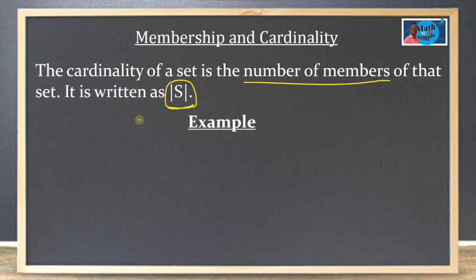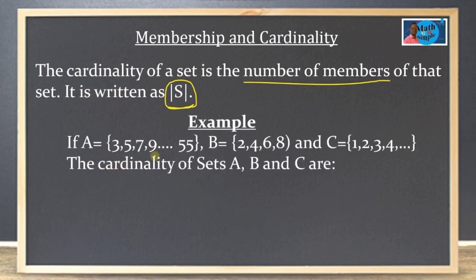All right. So let's see examples. If A equals this, B equals this, and C is this set. Okay, find the cardinality of sets A, B, and C. Let's see set A. We have 3, 5, 7, 9, and we have 3 dots in between, and 55.